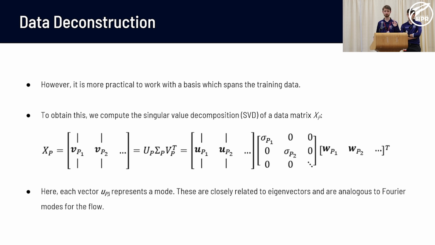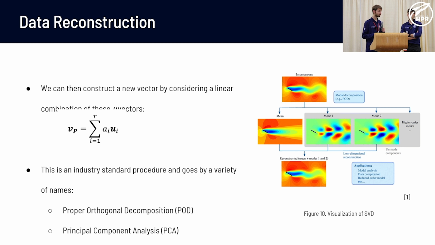And then we conduct something called the singular value decomposition on that matrix, which gives us three smaller matrices, U_P, sigma_P, and V transpose_P. And we're especially interested in U and sigma. U gives us the basis that we're looking for, and sigma describes how much of the variance each of these basis vectors contains, basically. And so as we mentioned before, we can now use these basis vectors to reconstruct entirely new flows, just by using matrix multiplication.